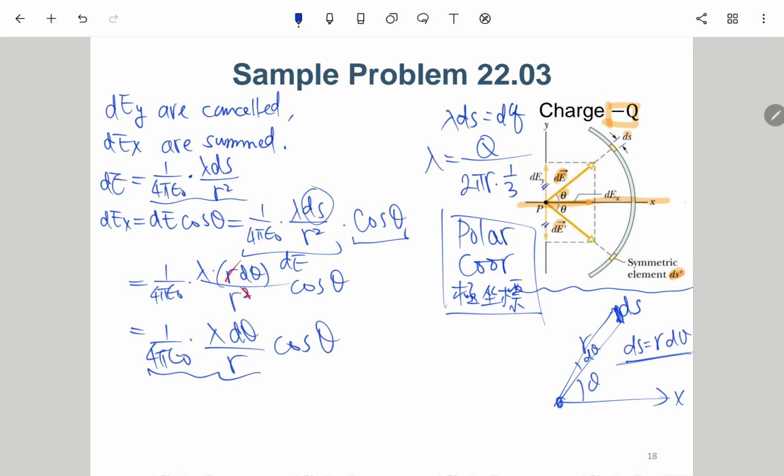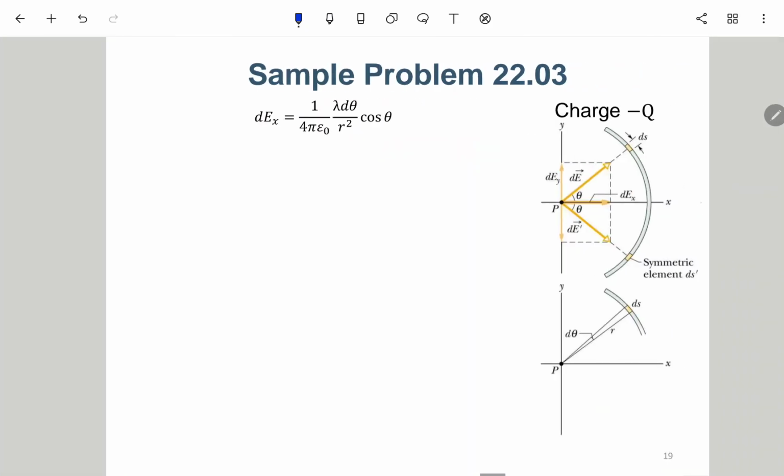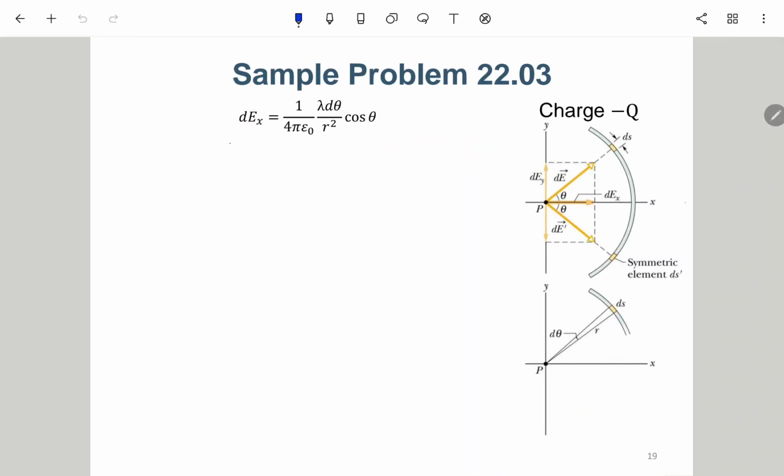Okay, so we stop here, and then we can start to do the integration. In the previous page we stopped here, and finally we should calculate E to be the integration of dEx over this L. This L is assumed to be this rod.